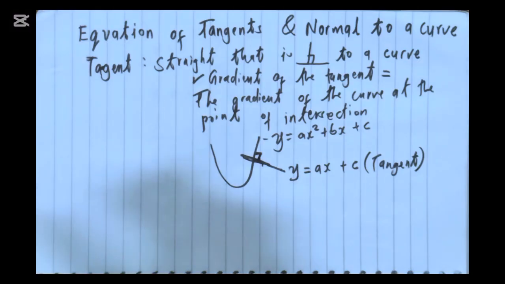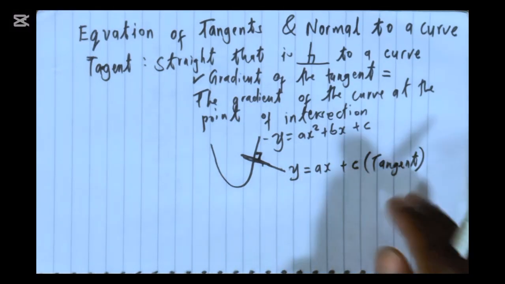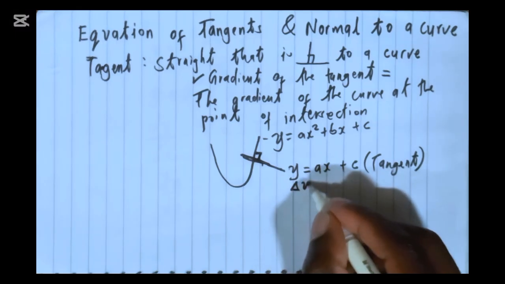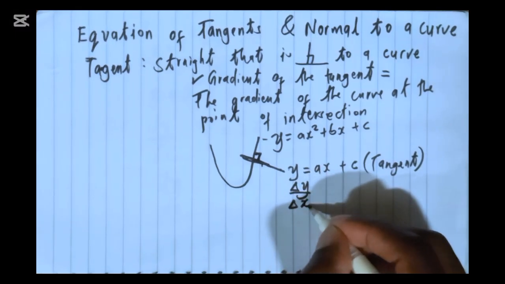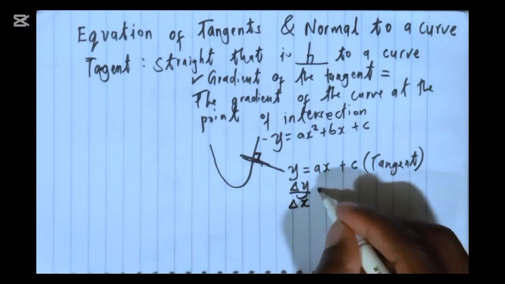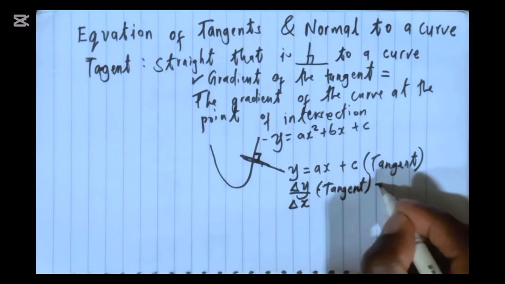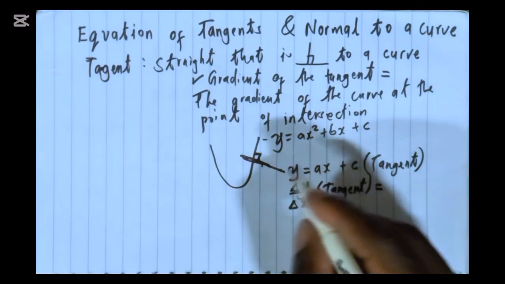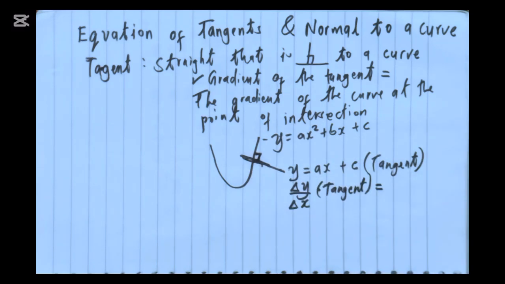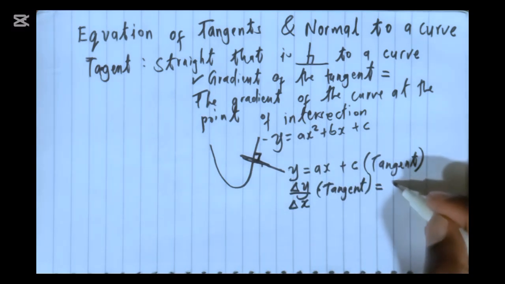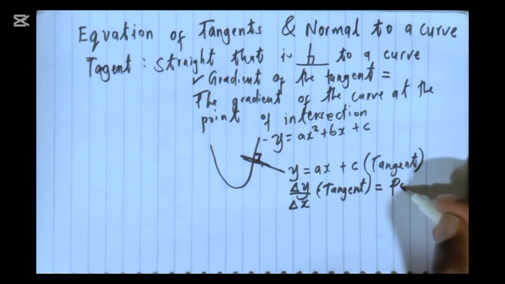Also, we are saying that the gradient of this tangent, that is change in y over change in x of the tangent, is equal to the gradient of the curve at the point of intersection.